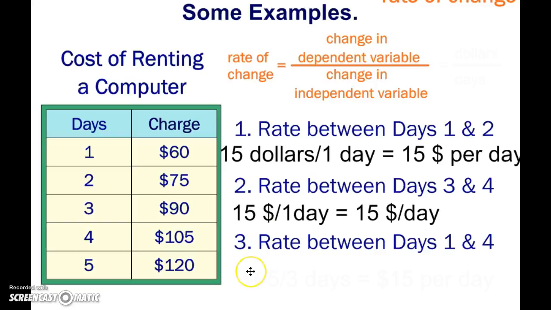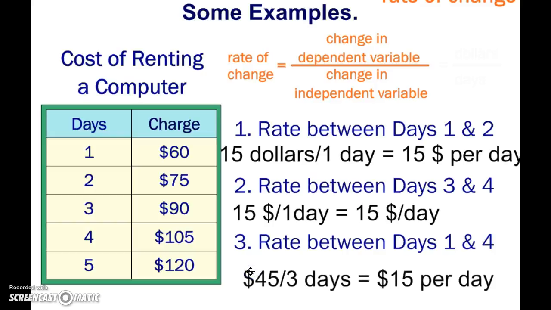And question 3, rate between day 1 and day 4. Well, between day 1 and day 4 is 45, and there are 3 days. There again, when you divide it, it becomes $15 per day. That would be the rate that they charge.